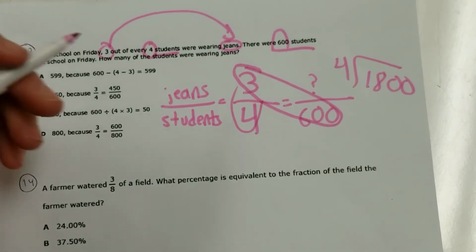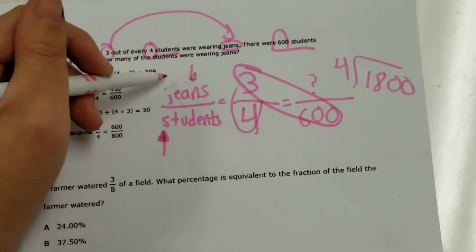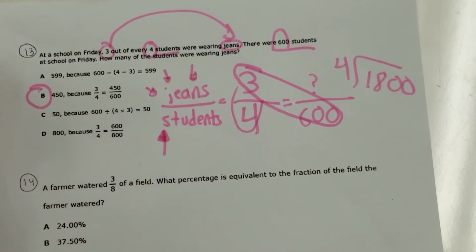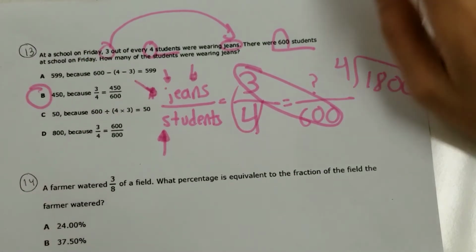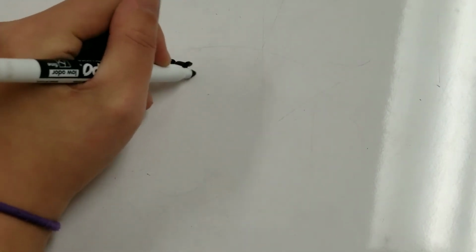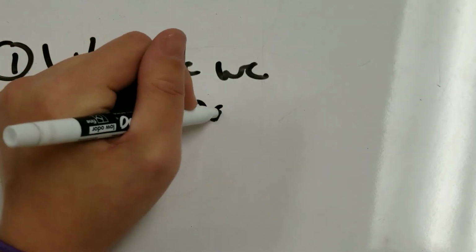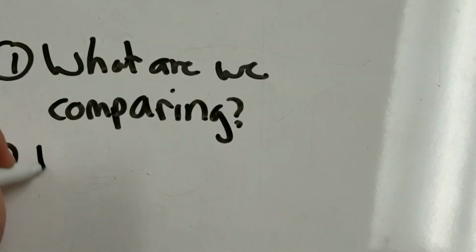As long as you're really careful and you know your labels, it should be fine, because your labels are the biggest thing that will help you out. So remember, the 3 questions are: what are we comparing? What do we know?